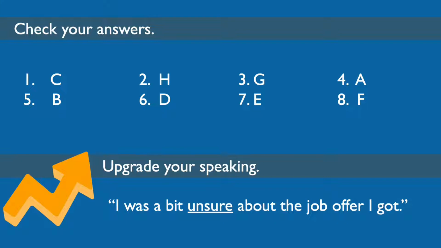So for example, if you are talking about your work or employment, and you say, I was a bit unsure about the job offer I got, you could upgrade that answer by changing the underlined word. What could you say? Exactly. You could say, I was a bit dubious about the job offer. And just like that, by changing one word, you go from a band 6 to a band 8. Voila.